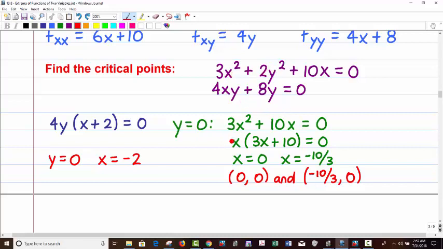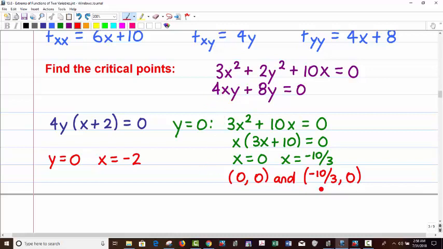I'll get 3x squared plus 10x. Factor out an x. So I have x times 3x plus 10. So I have x equals 0 and x equals negative 10 thirds that both pair with y equals 0. So there's 0, 0 and negative 10 thirds, 0. Remember, the x's won't matter in the bottom equation because if y is 0, it's going to zero out whatever x would have been there.